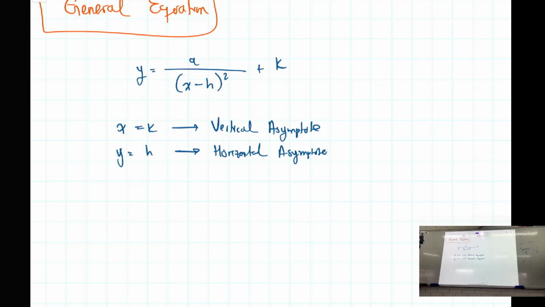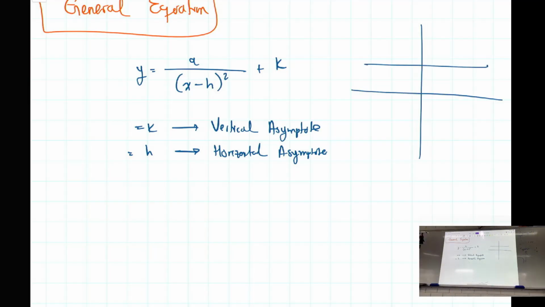So again, the horizontal asymptote will be in that vertical translation, which is y equals k.